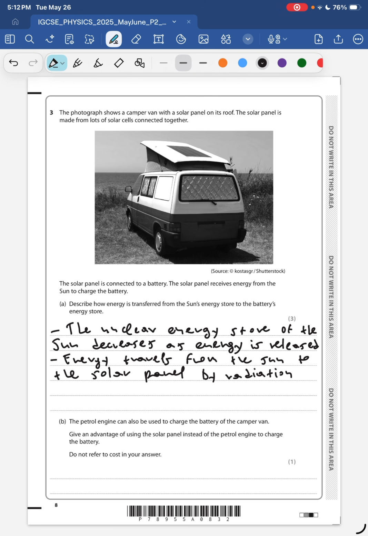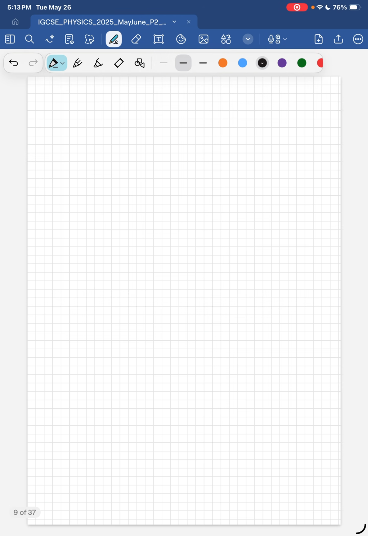The electromagnetic radiation can travel through vacuum, so that's how it reaches us here on Earth from the sun. I will use a clean page to finish this problem. So this is still problem A. The solar panel absorbs this radiation and converts it to electrical energy.